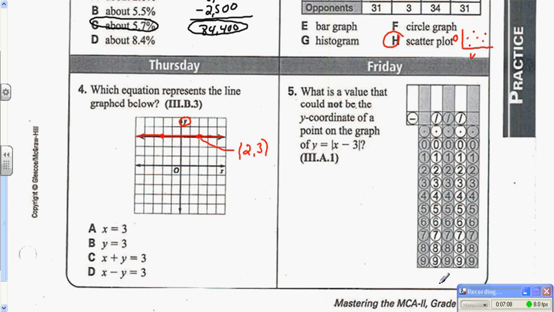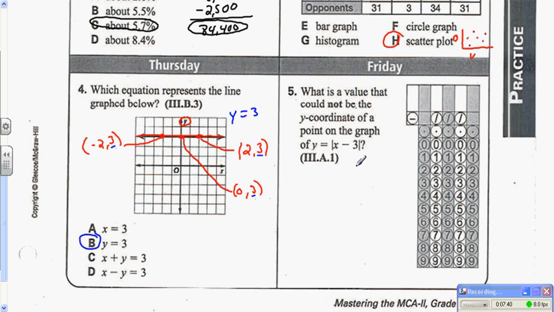This coordinate is -2, 3. This coordinate is 0, 3. And if you notice anything, all coordinates that I can come up with will have the same y value. So therefore, this line always has a y equal to 3. And that is what our equation would be. B.